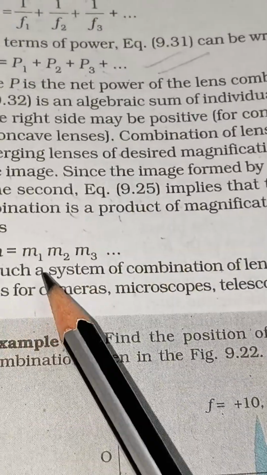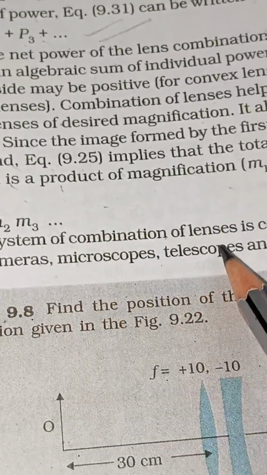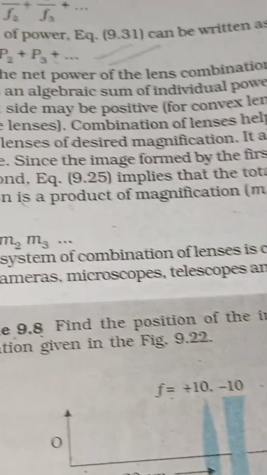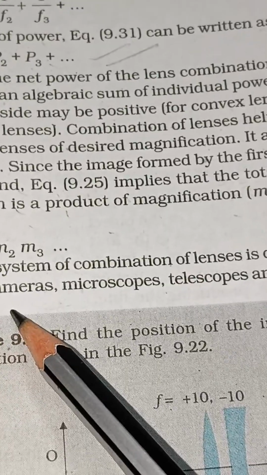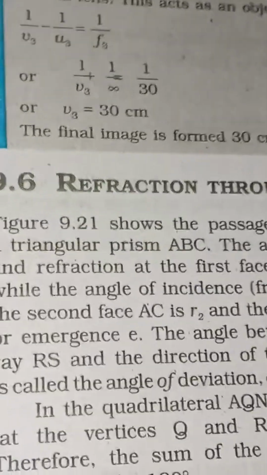So m is equal to m1 m2 m3 and so on. Such a combination of lenses is commonly used in designing lenses for cameras, microscopes, telescopes and other optical instruments.